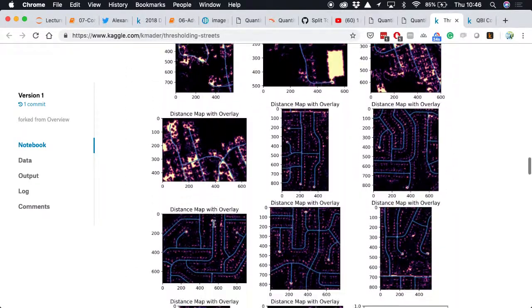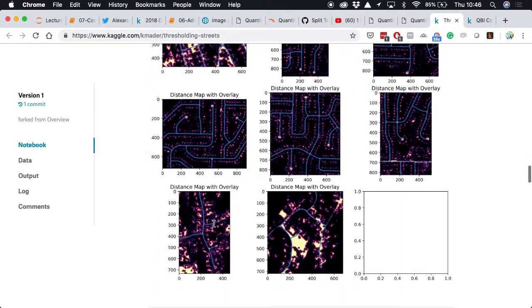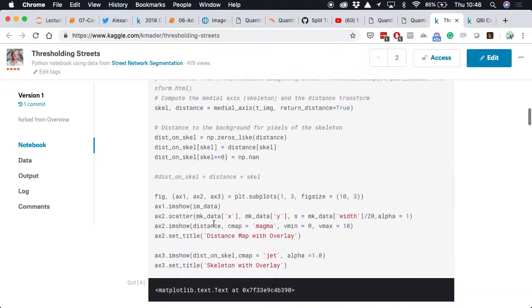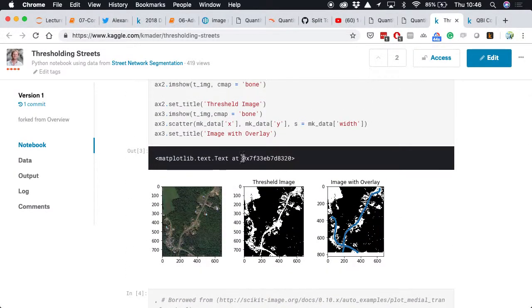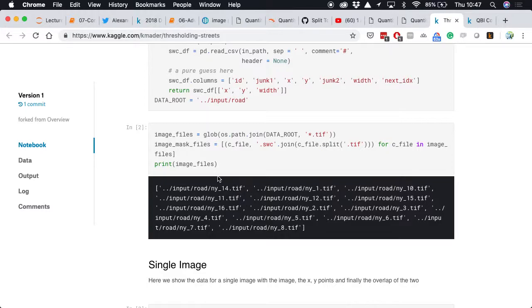You can see all the steps on a slightly different image and try to tweak the analysis and improve the results you're able to get using distance maps, thresholds and skeletonization. What's quite nice is that you can try your tests on a number of different images and then evaluate how well they worked.